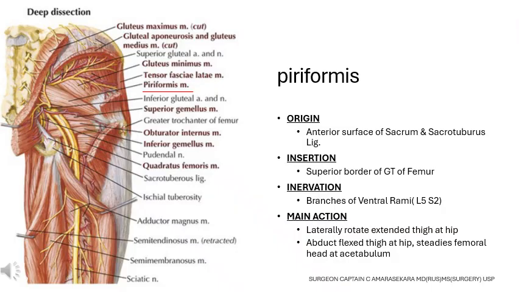Also visible in this dissection are the sacrotuberous ligament, ischial tuberosity, and proximal hamstring origins, structures that contribute to pelvic stability and are often involved in trauma and degenerative conditions.